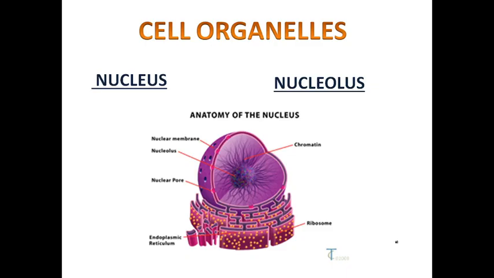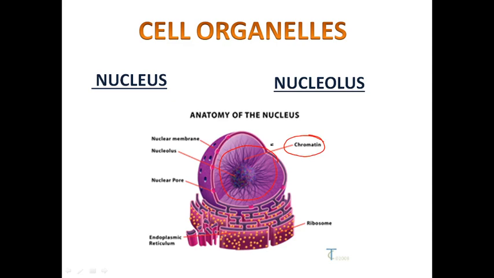Next is the nucleus. The nucleus is very, very important in the cell. Without the nucleus, half of the function of the cell is dead. Without the nucleus, there will be no function. The nucleus contains chromosomes. As you can see here, chromatin is a thread-like structure.